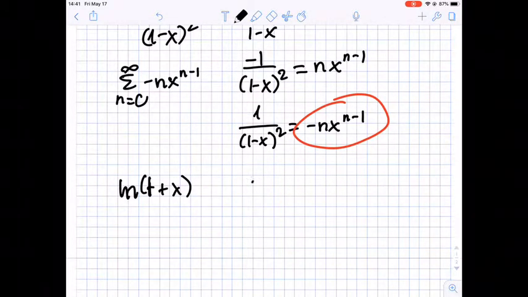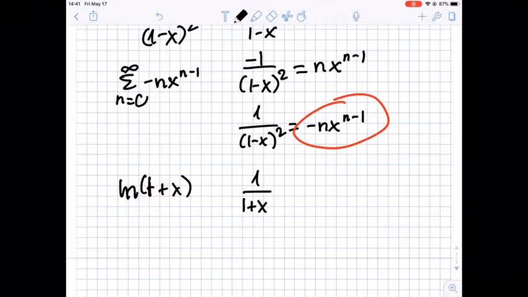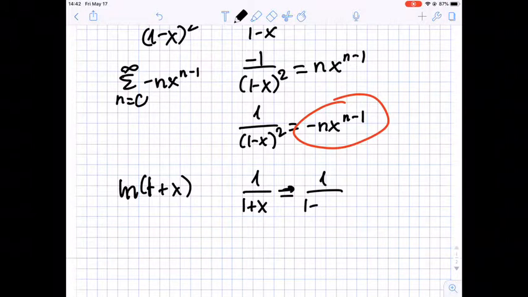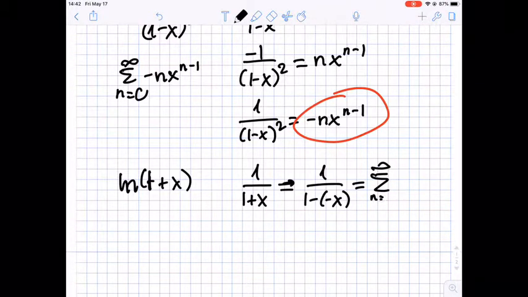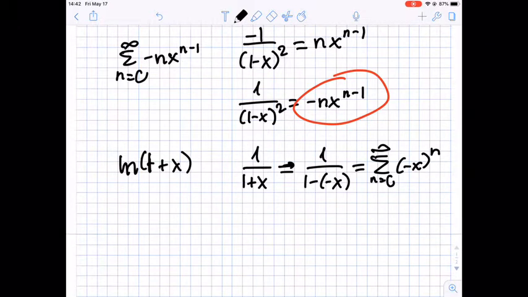You remember that 1 over 1 plus x, we can easily find the power series for, because 1 over 1 plus x is basically the same as 1 over 1 minus x, and this is the sum of negative x to the power of n.